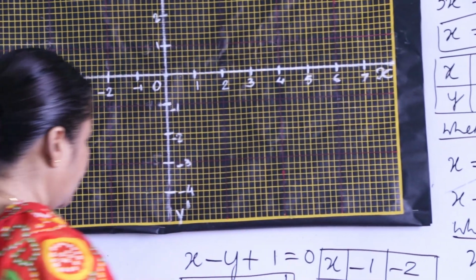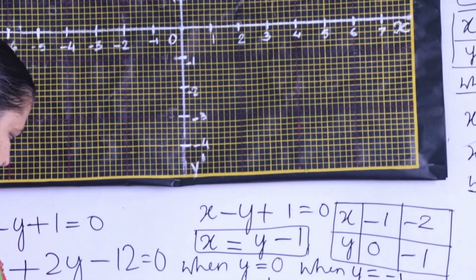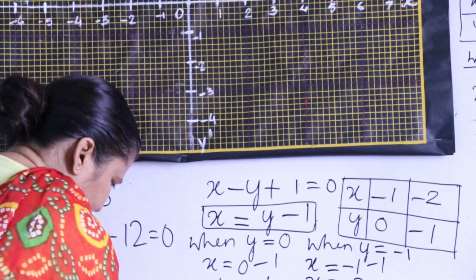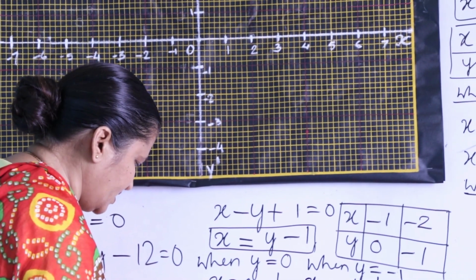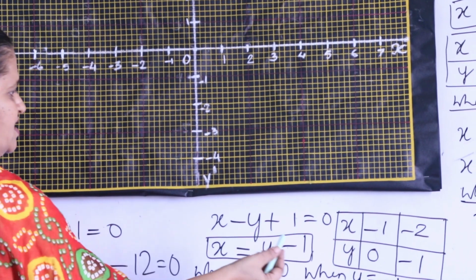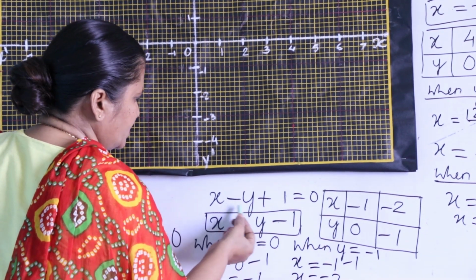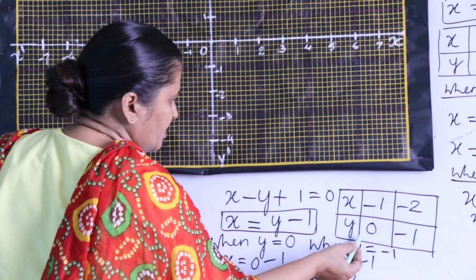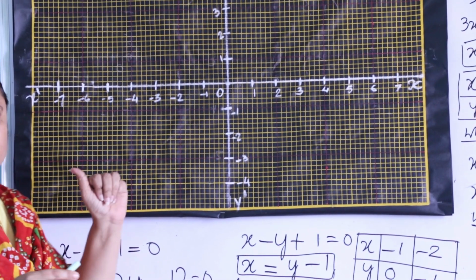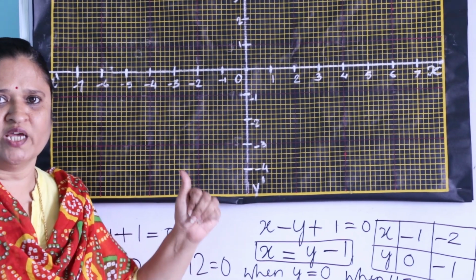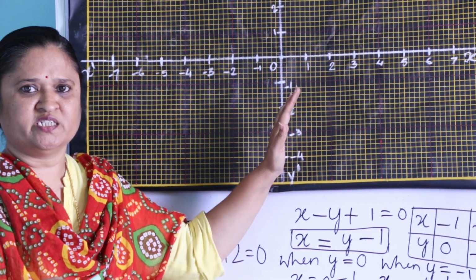Now our values are ready for substitution. Let us substitute. How do we understand this? Now first let us plot this line, which is x minus y plus 1. X is equal to minus 1. Always remember the basic rule while plotting on the Cartesian plane.